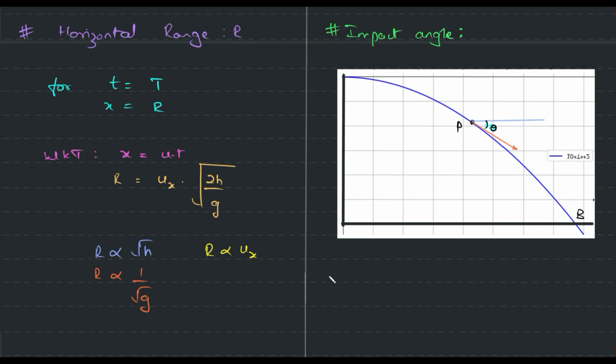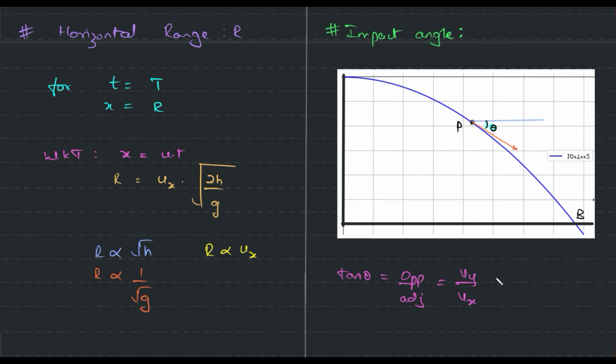Okay, so how can we resolve this? Actually, I gave the answer. We know Vx, we know Vy. So with the help of that, we'll be able to figure it out. So tan theta is given by opposite by adjacent. Opposite in this case would be your vertical component and adjacent is your horizontal component, correct?